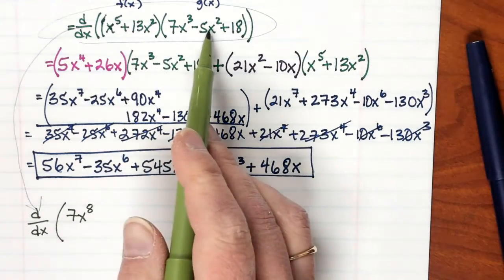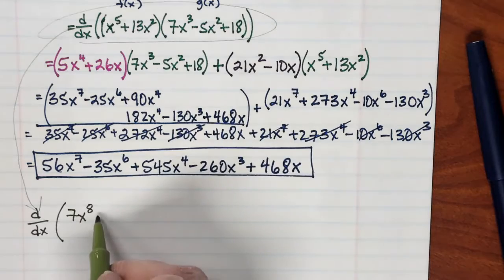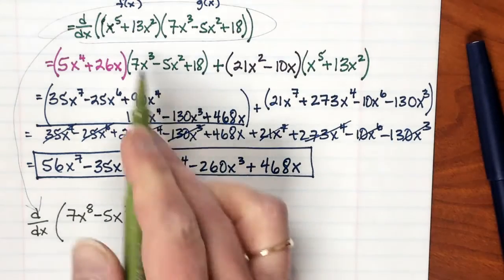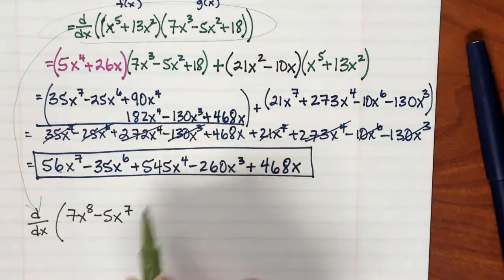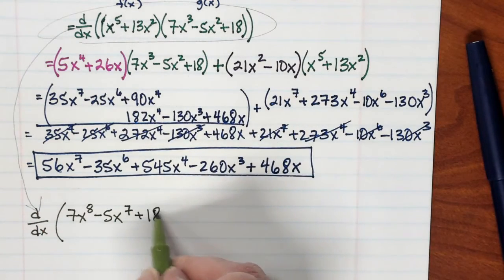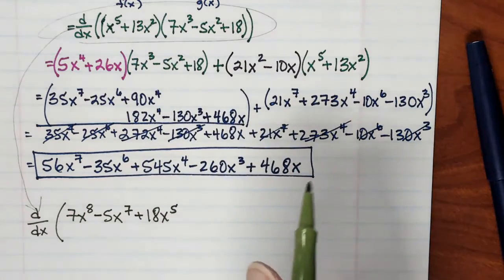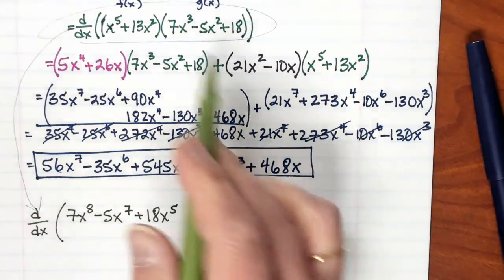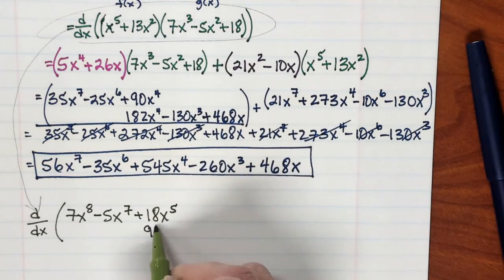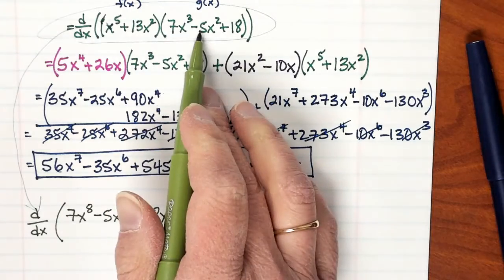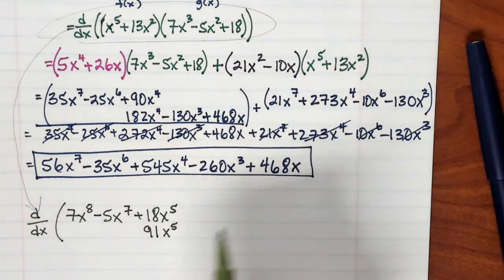And then x to the 5th times negative 5, that would be negative 5x to the 7th. X to the 5th times 18 would be plus 18x to the 5th. Now multiply by the 13. 13 times 7 is 91. That would be x to the 5th. So I'm going to write that underneath that x to the 5th. 13 times 5, 65.